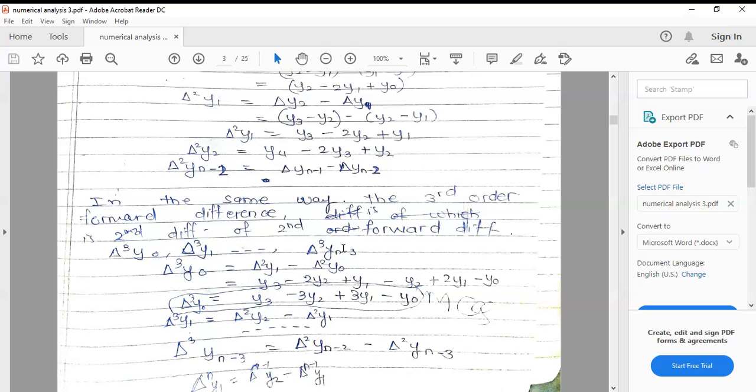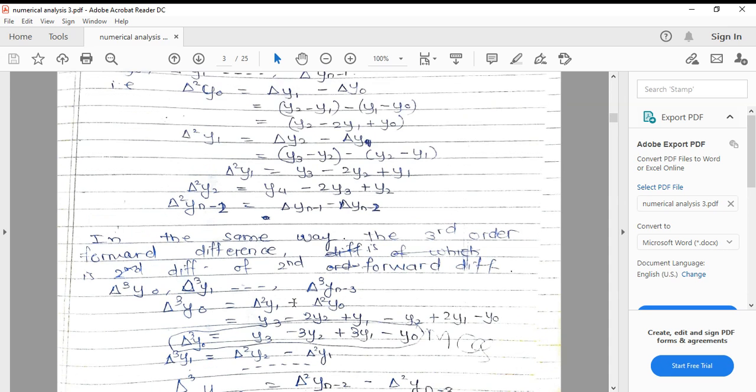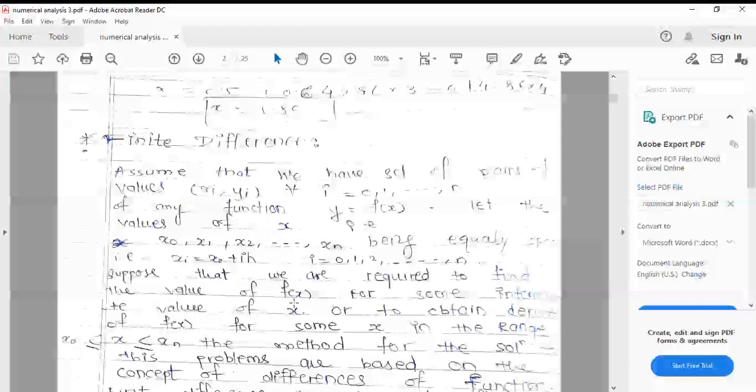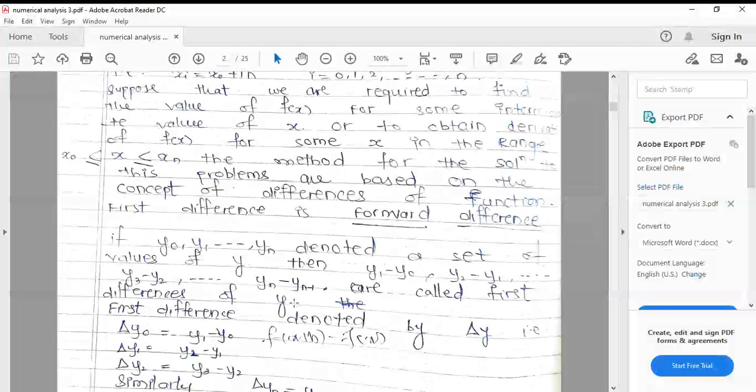In this way we can calculate the third forward difference also. Delta cube y naught will be delta square y1 minus delta square y naught. Just put in the values of delta square y1 and delta square y naught and you can get the answer. Okay. So if you observe here, for the first one how many values do we have? We have n plus 1 values, y0, y1 up to yn.